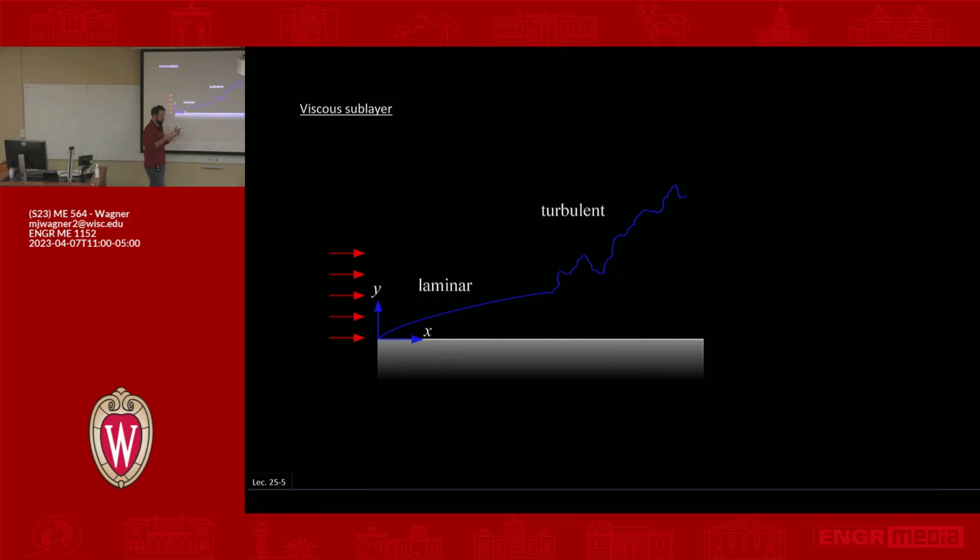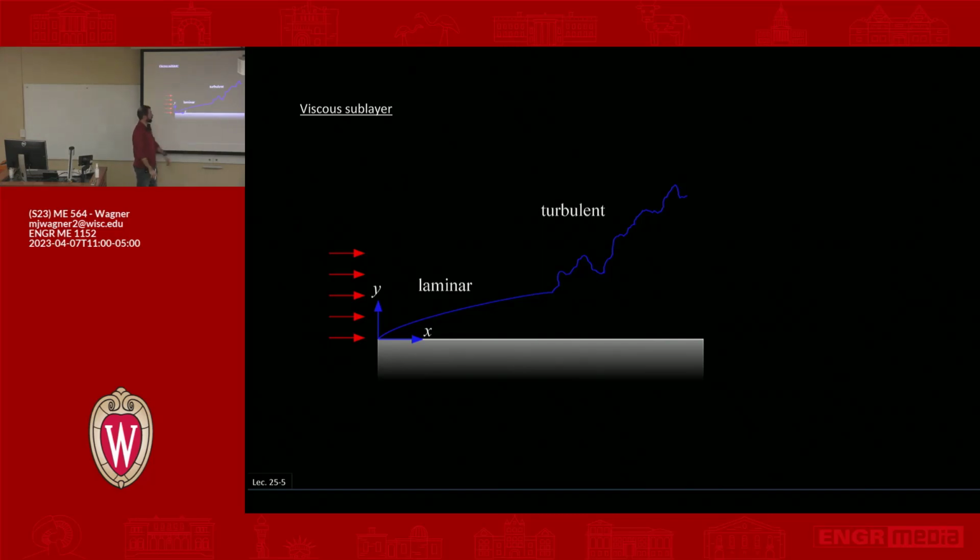And then eventually it'll go fully turbulent, but there's a transition region. So normally you would model this as laminar, then you'd have a separate correlation for turbulent, and in the middle of that you'd have some transition where you blend together the effects. Okay, there's laminar, transition to turbulent.